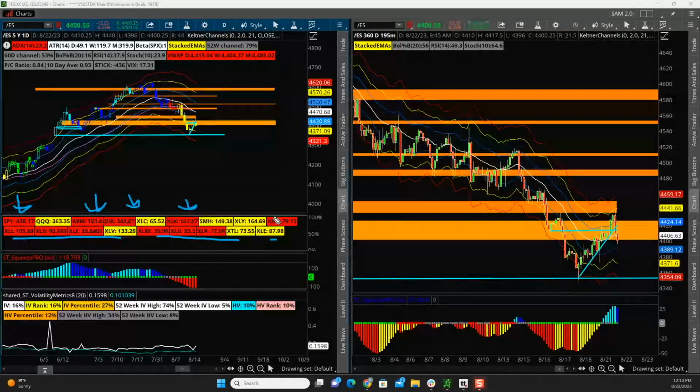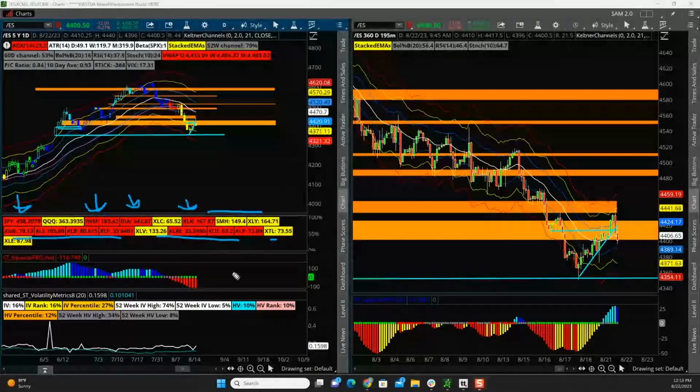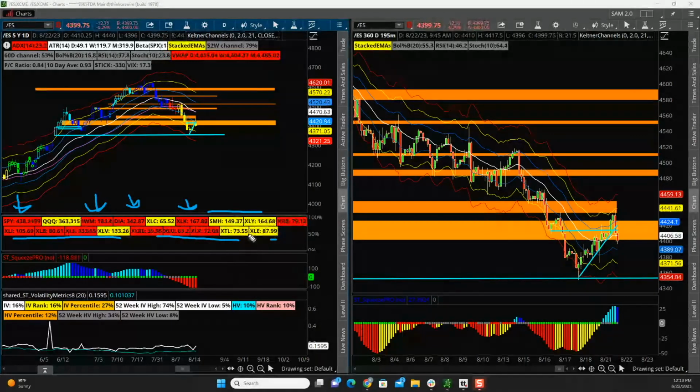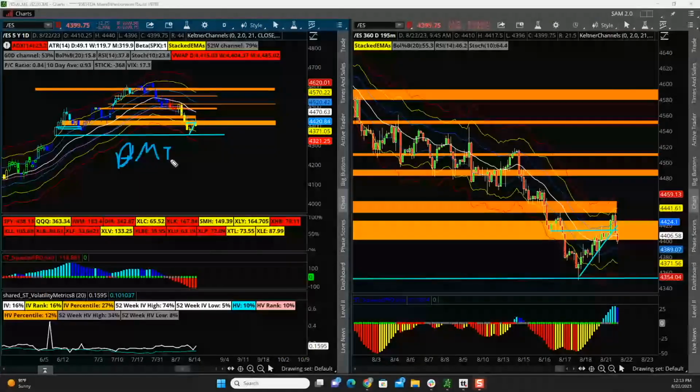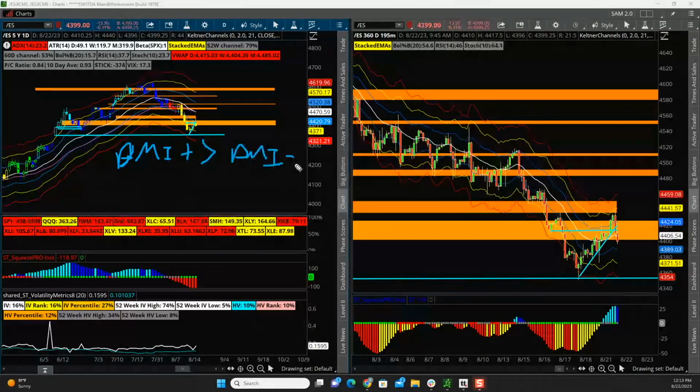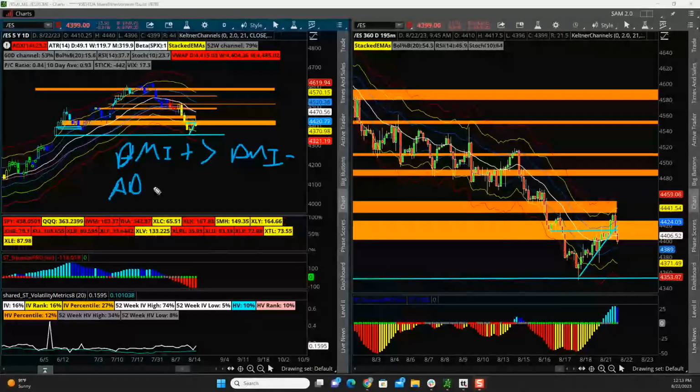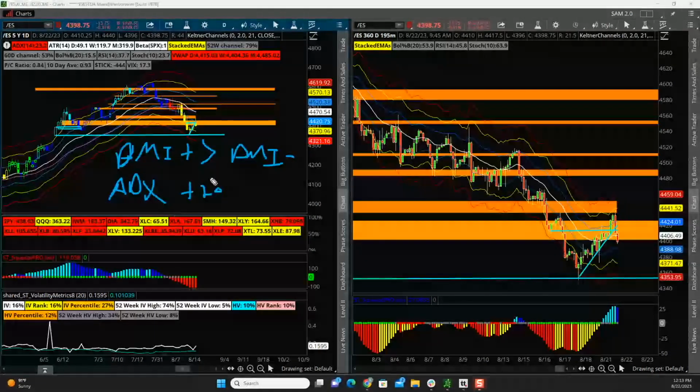Where it's yellow, that would mean ADX is below 20, which indicates no trend at all. Now, if there is no trend at all, it just tells you how you should want to place it. And then if ADX is greater than 20 and DMI positive is greater than DMI negative, that means the trend strength is strong to the upside, and these will be green.